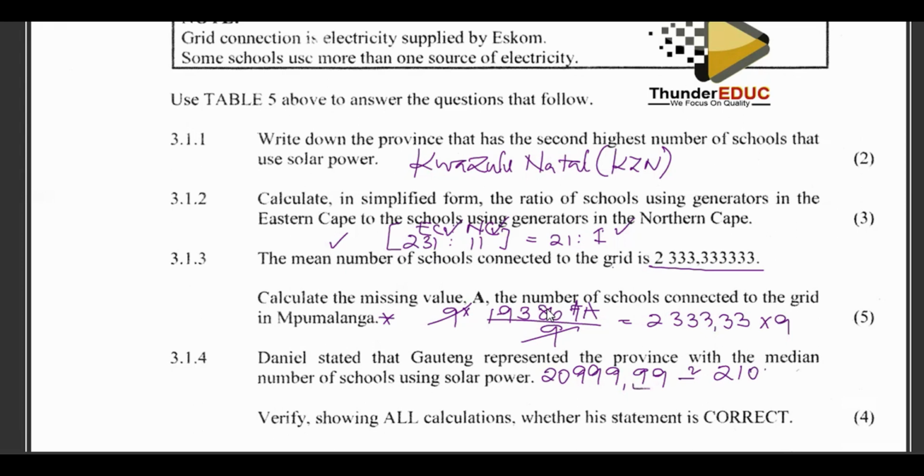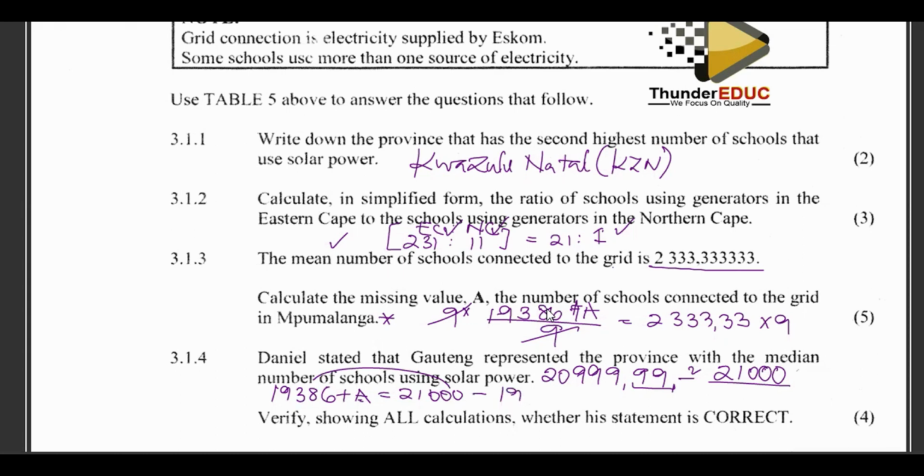Because if you round off this value here, the calculator will give you 999 continuous, and if you round off, it becomes 21,000. So what does it simply mean? It will become 19,386 plus A equals 21,000. Because we're looking for A, this has to jump over there.